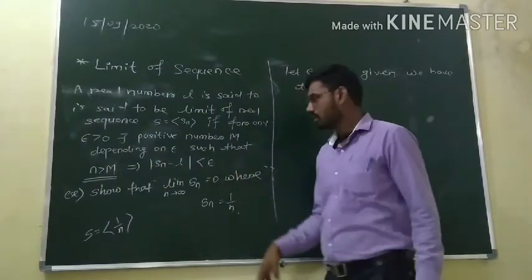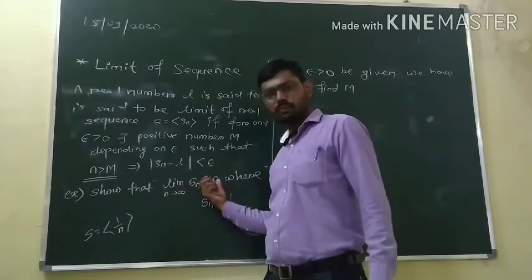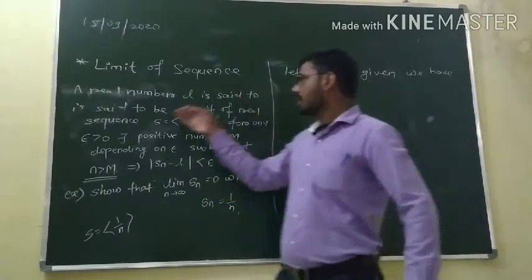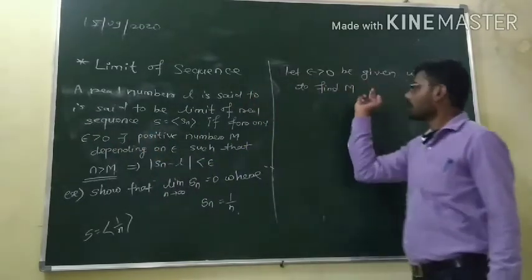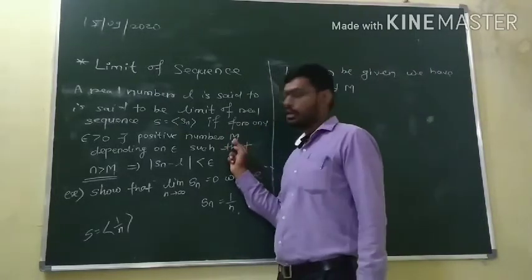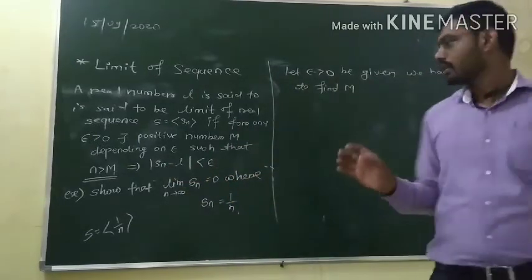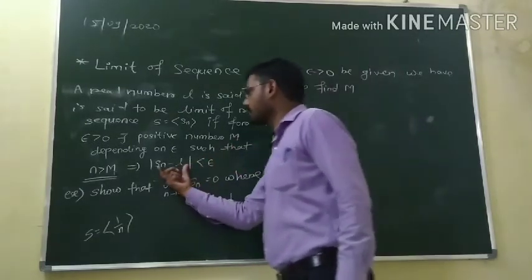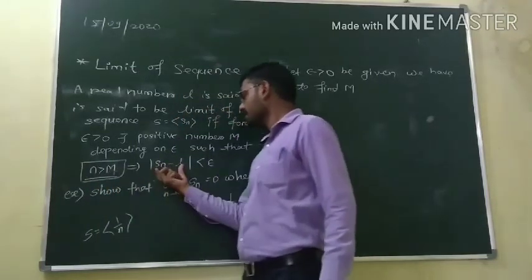We are already given that we have to prove the limit is 0, so we proceed: let epsilon be any small positive number. The main thing here is to find the fixed number m. If we are able to find this number, then we will get our required answer. So for finding m, we will take this condition.